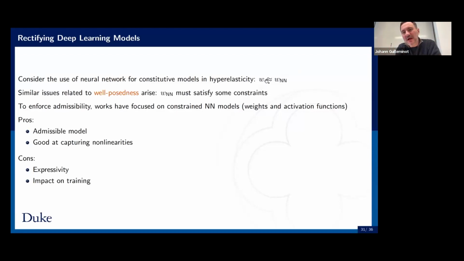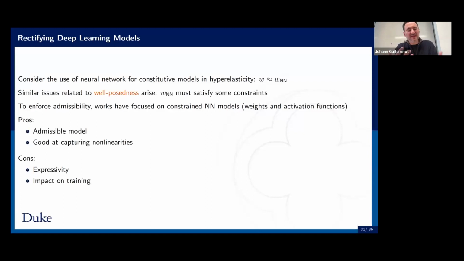So you could say, I'm going to take this W and approximate it by a neural network model. Well, the issue is that if you do that in a brute force way, you can run computations. Your neural network is going to return a lot of things, and you can go ahead with this. Now, there is just no way you can justify the well-posedness of what you did.